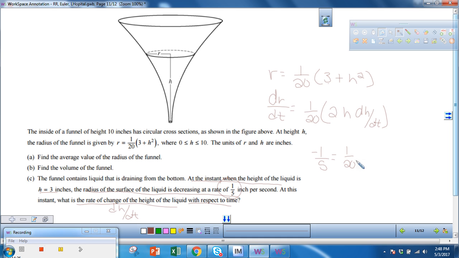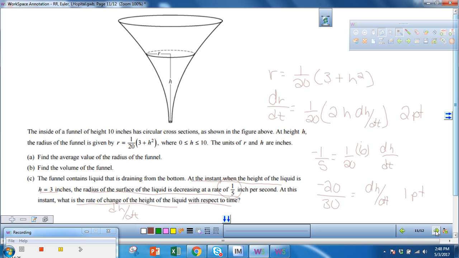They gave you that h was 3, so this is 6 dh dt. So that gives me that negative 20 over 30 is equal to dh dt. So you got 2 points for writing that derivative, and you got 1 point for the answer.